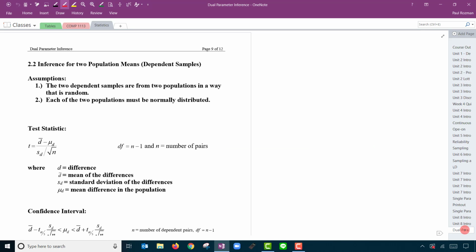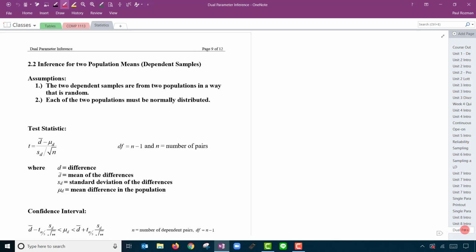So inference for two population means when we have dependent samples. It turns out to be your basic hypothesis test for a single mean, because we have two populations, but our test subjects end up, say, in both populations.